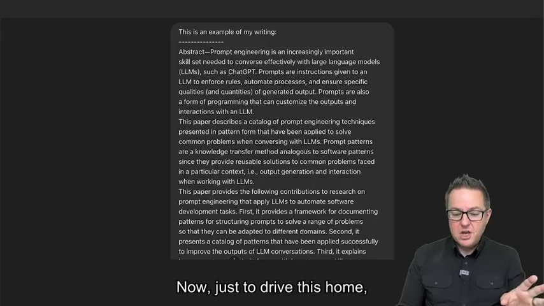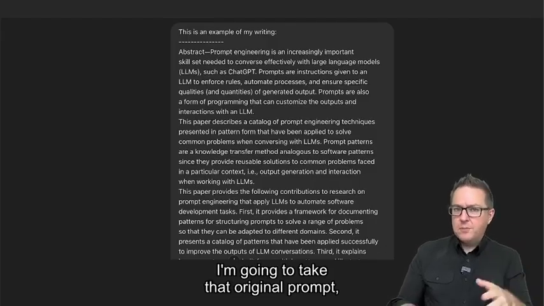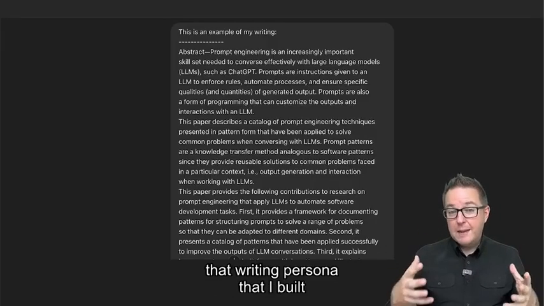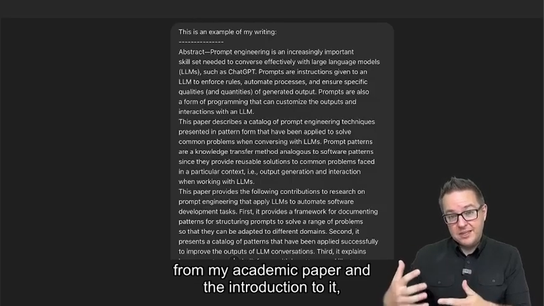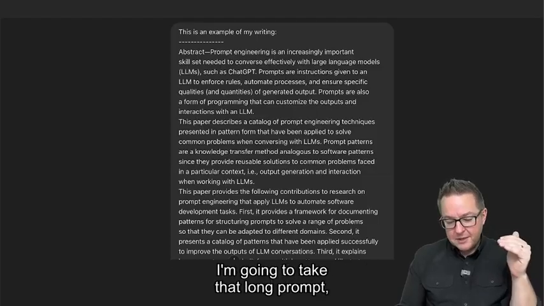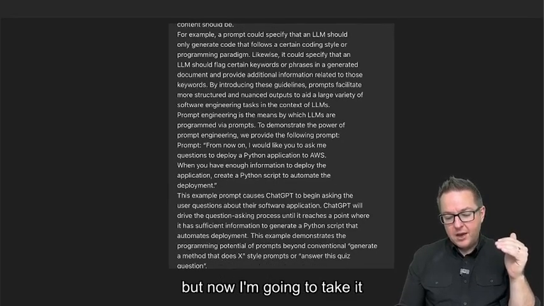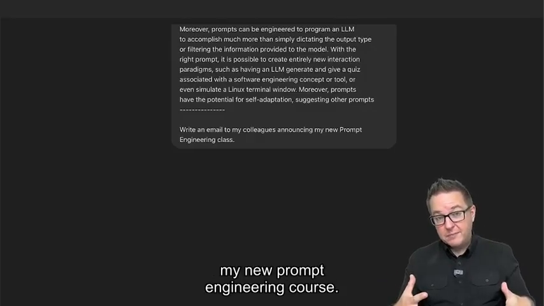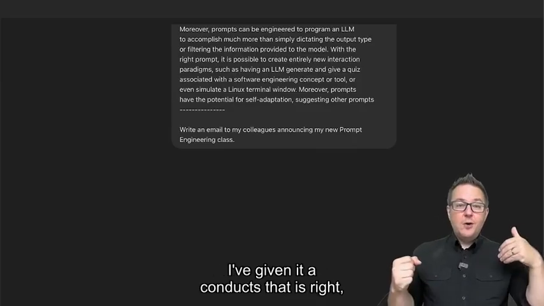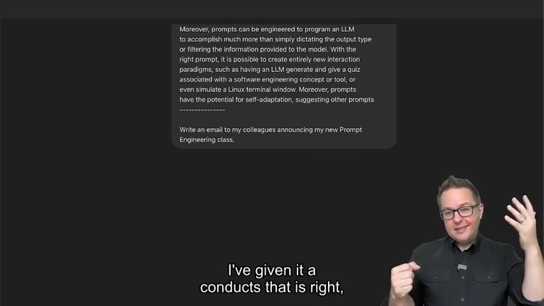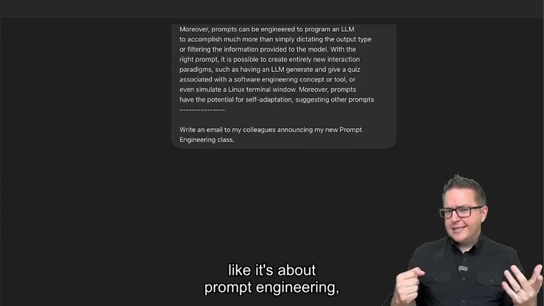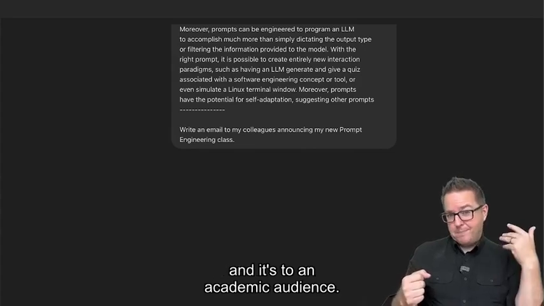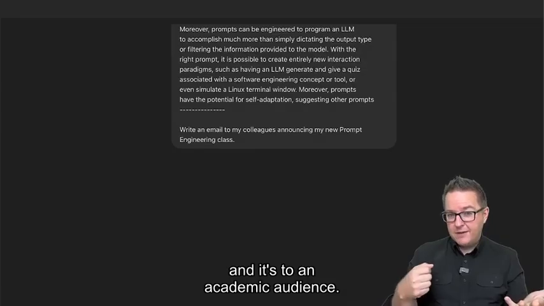Now, just to drive this home, I'm going to take that original prompt, that writing persona that I built from my academic paper and the introduction to it. I'm going to take that long prompt, but now I'm going to say, write an email to my colleagues announcing my new prompt engineering course. So I've given it a context that kind of is right, like it's about prompt engineering and it's, kind of, to an academic audience.